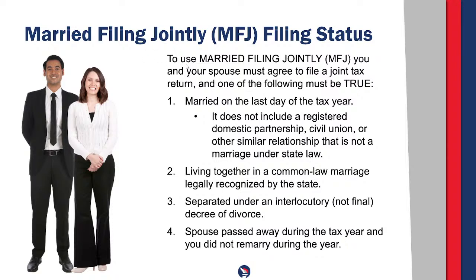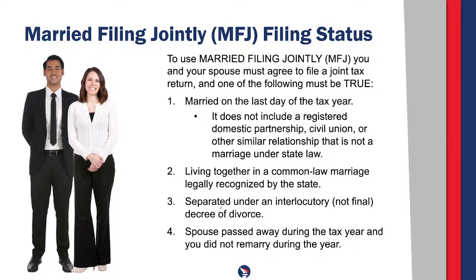Married filing jointly filing status. To use this filing status, you and your spouse must actually agree to file a joint tax return, and one of these must be true as of the last day of the tax year. You were married. This does not include registered domestic partnerships, civil unions, or other similar relationships that are not a marriage under state law. You are living together in a common law marriage legally recognized by the state that you're residing in or the state where it first took effect.